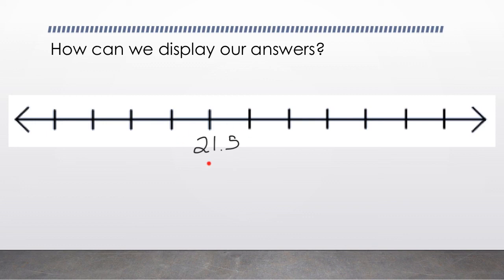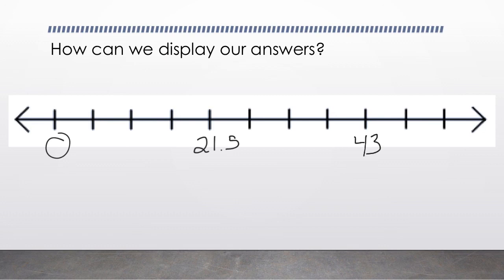So if I label this 21.5, if I do other labels, I need to make sure that they are the same amount. Maybe I put a 0 down here so you can see the 0. So I know 1, 2, 3, 4 gave me 21.5. So let's count another 1, 2, 3, 4. Would give me double that, which would be 43 if I wanted to label more than one.